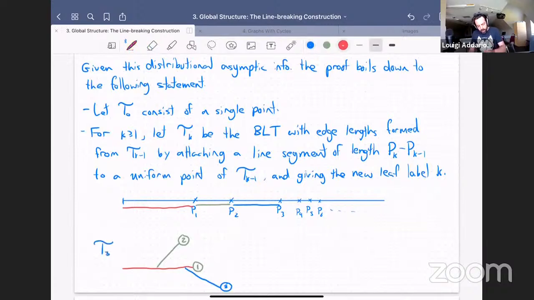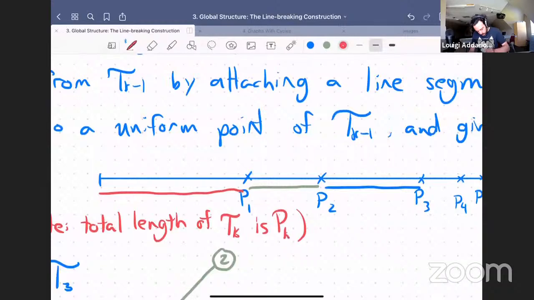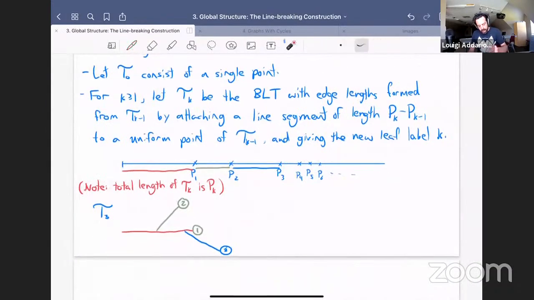I always have that the total length of T_k is just p_k, because I'm just adding the difference needed to get to the next atom at each step.